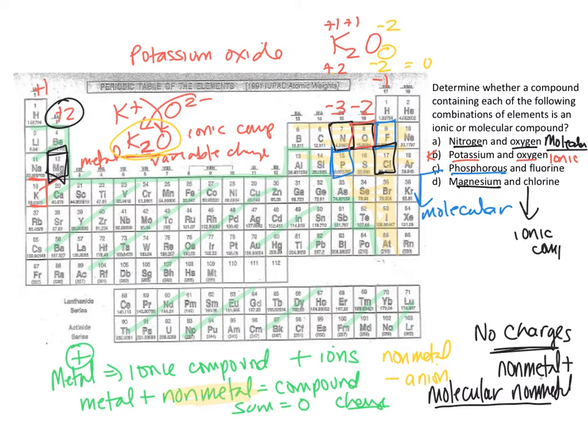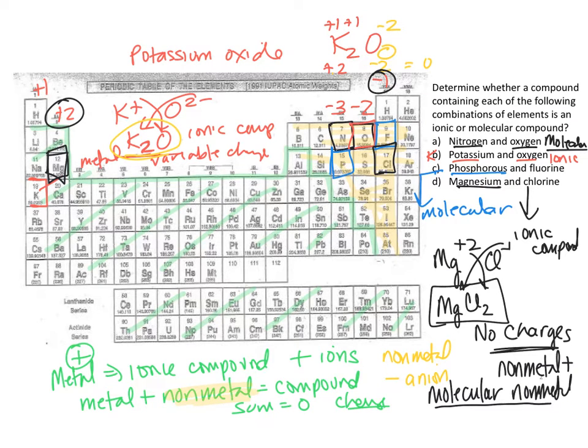And let's see if we can figure out what that formula would look like. Magnesium is Mg. You see it's in the +2, so you put the +2 there. Chlorine is in the -1 column, so -1. And then we do our crisscross to figure out what our subscripts will be. Mg, the 1, so we don't put anything there. Cl, the 2. So it's magnesium chloride.